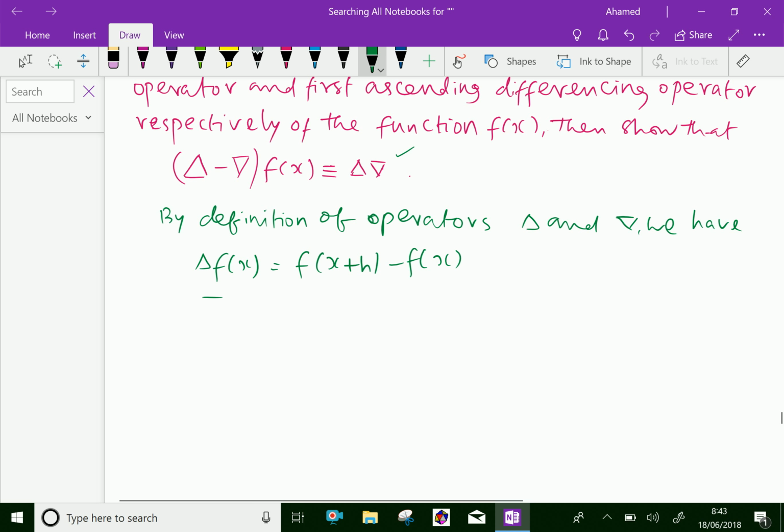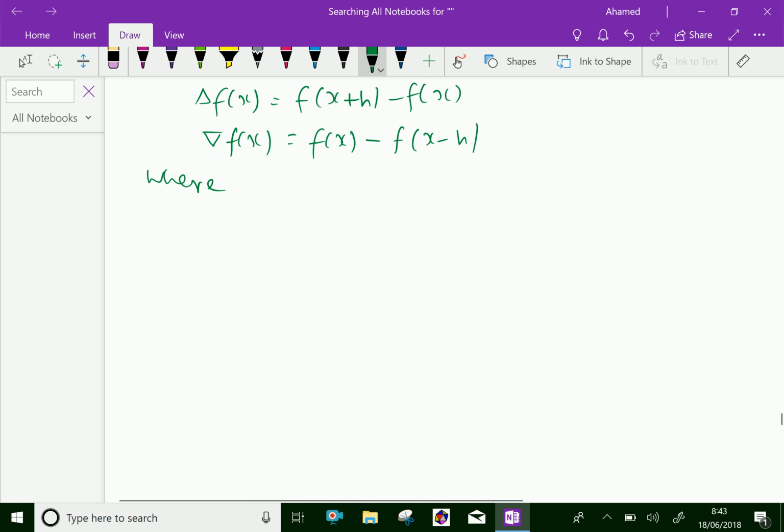Similarly, inverted delta of f of x equal f of x minus f of x minus h, where h being the interval of differencing.